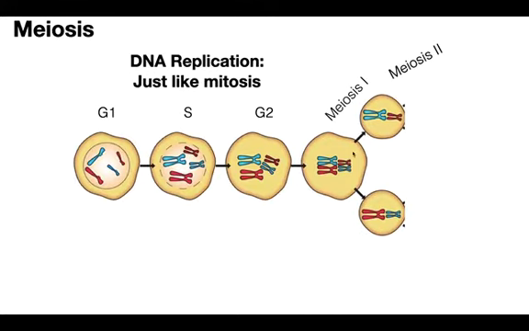And what that results in is, when the two cells are split, instead of having sister chromatids separated apart, we end up with one doubled set down here and another doubled set in a different cell.